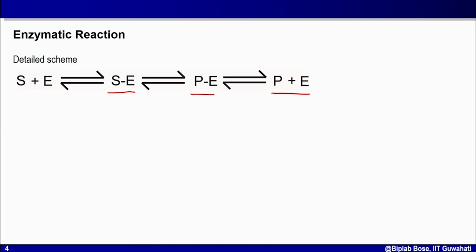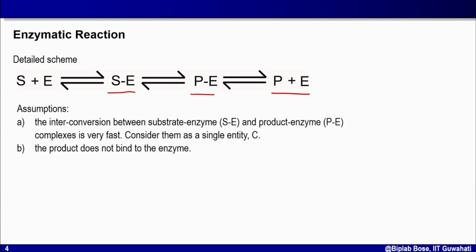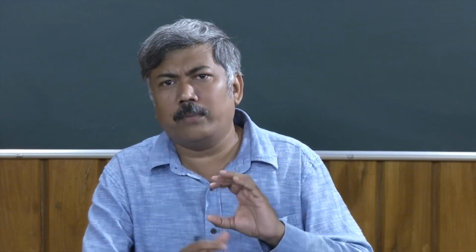Now I can make certain assumptions here, which are rational assumptions, and I can reduce this system further. What can I assume? I can assume that the conversion between the substrate enzyme complex and the product enzyme complex is very fast, and it is very difficult even in experiments to identify the substrate enzyme complex and product enzyme complex separately.